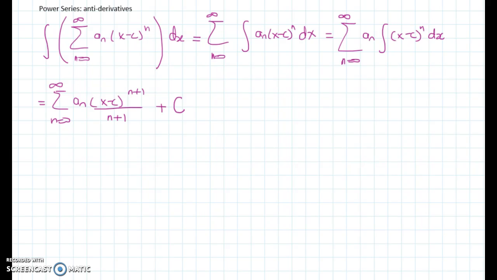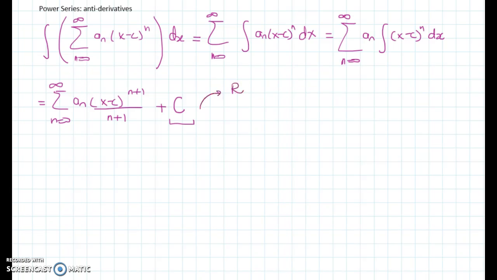So in some cases we may need to find what that constant is if we have some additional information. What can we say about the radius of convergence? Well, again, the radius of convergence is going to be the same as the original series.